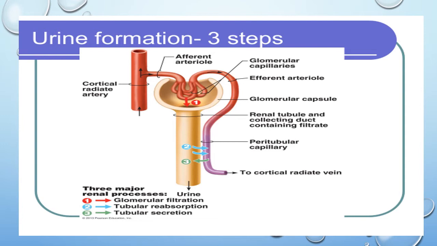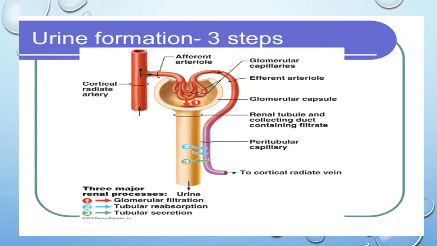So let's talk about urine formation. Urine formation itself requires 3 steps, and it benefits both in a way that allows for things into and out of it that are important and necessary. It allows for things that shouldn't go out of it to get out of it.